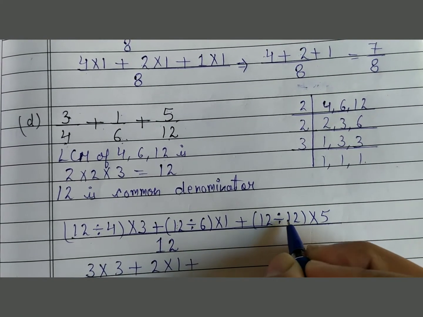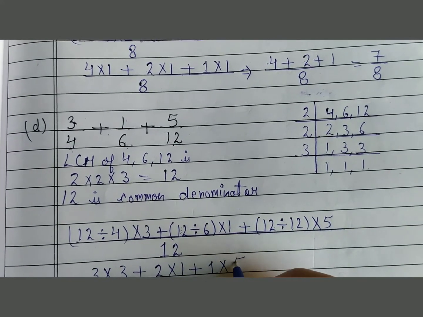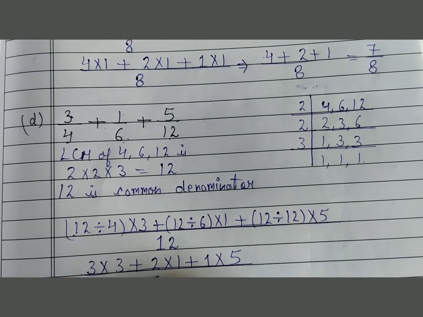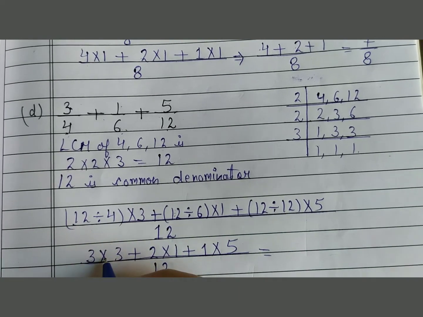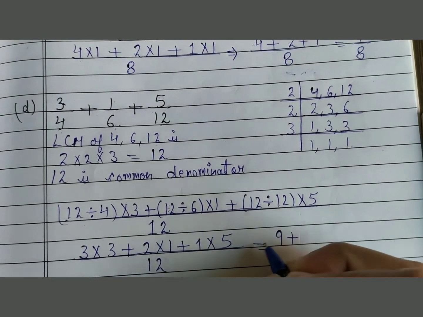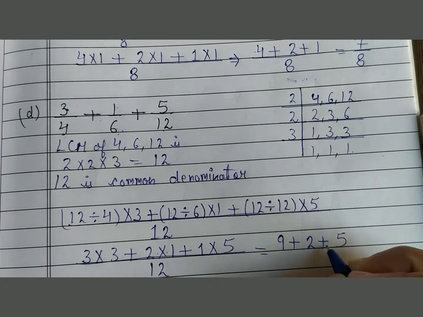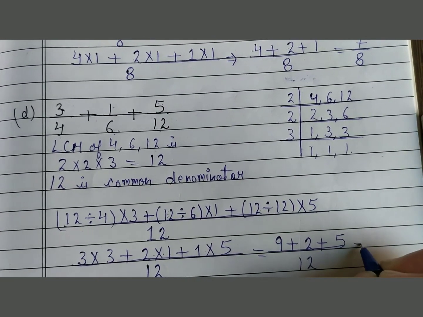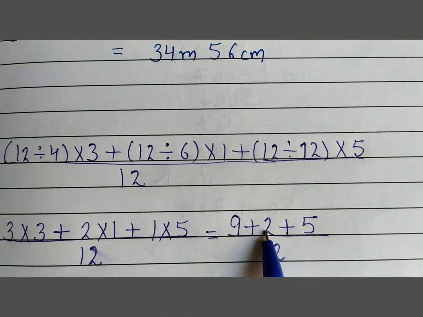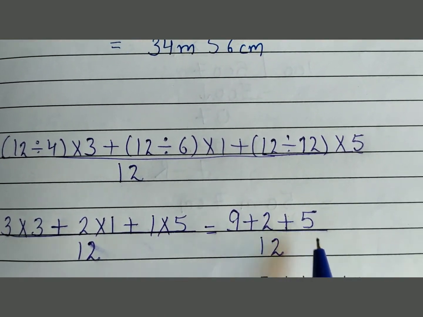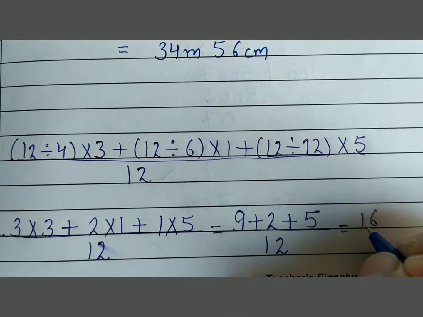Add 12 divided by 12 equal to 1 multiply 5 upon 12. 3 multiply 3 equal to 9 plus 2 multiply 1 equal to 2 plus 1 multiply 5 equal to 5 upon 12 equal to 9 plus 2, 11, 11 plus 5, 16 upon 12.